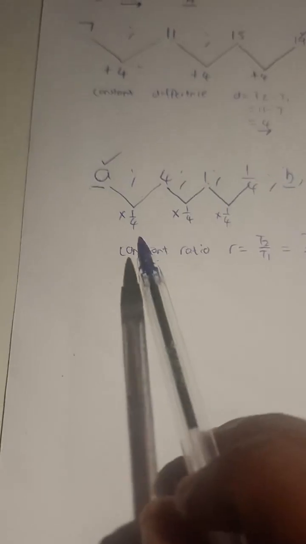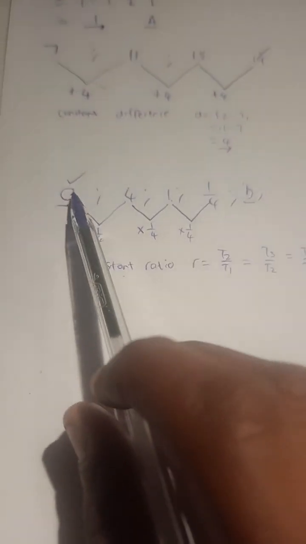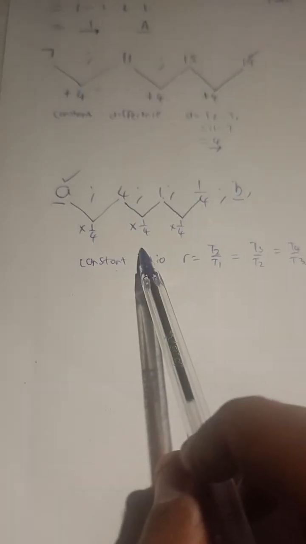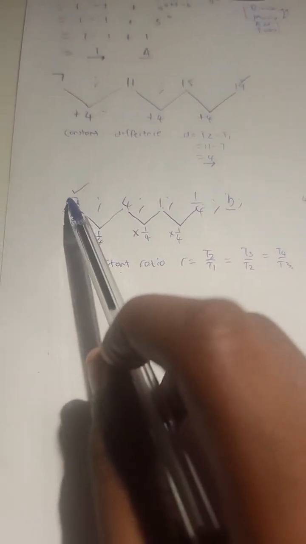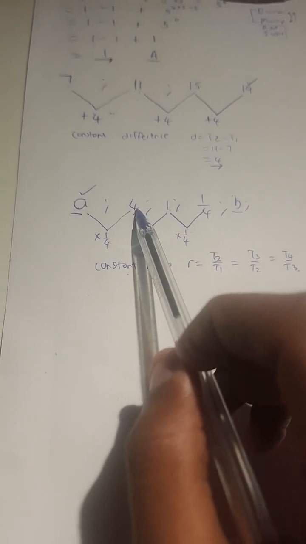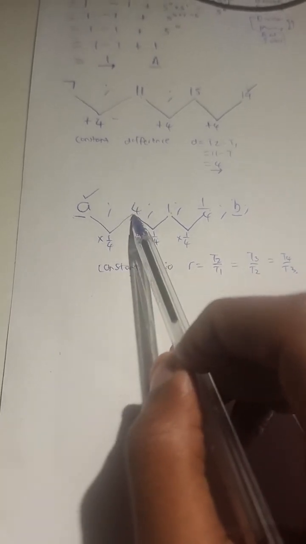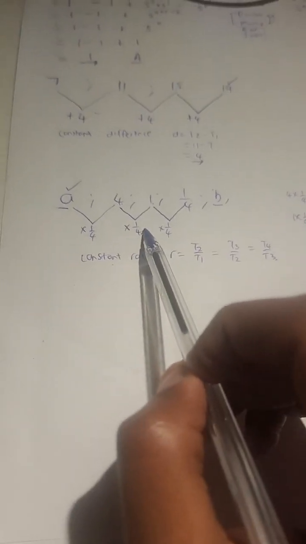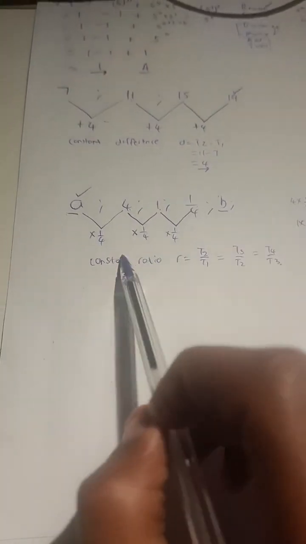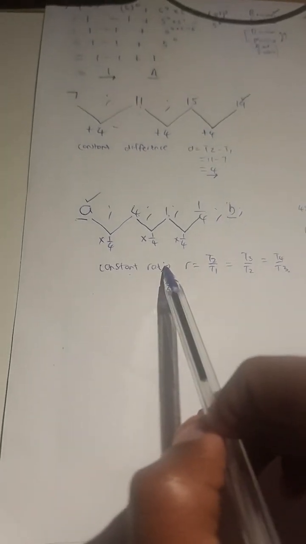With a number pattern that has a constant ratio, let's understand that as we move from the first to the second term, there's a certain constant ratio we are multiplying by to get the next value. We multiply by a constant ratio consistently because this type of pattern has a constant ratio, grade 9s.